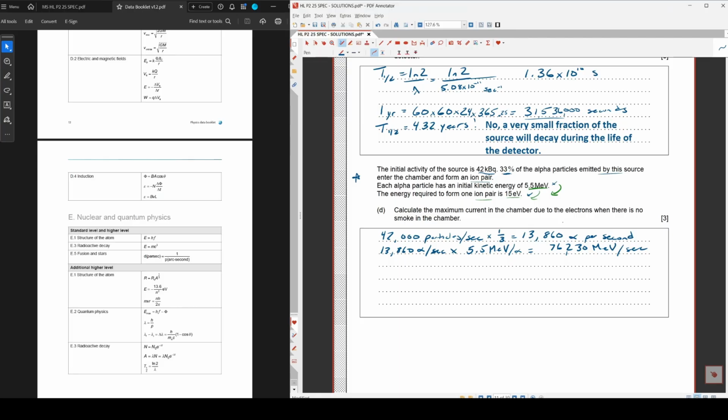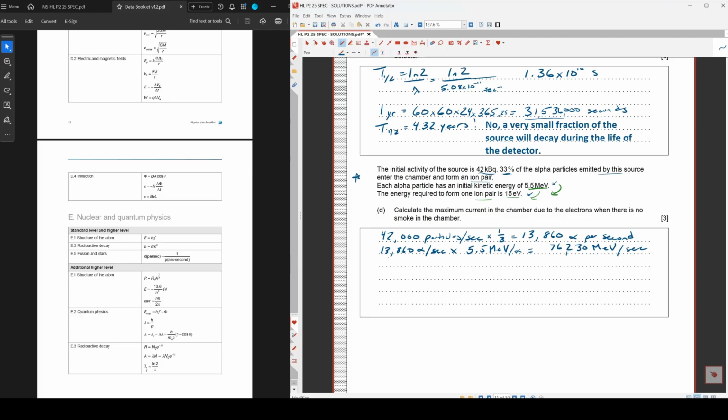Okay, that's how much energy I got going on. Now we're getting somewhere. The energy required to form one ion pair is 15 electron volts. I got 76,000 million electron volts every second. So I'm going to form a ton of ion pairs. Let's figure out how many.